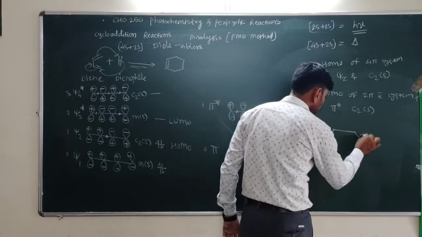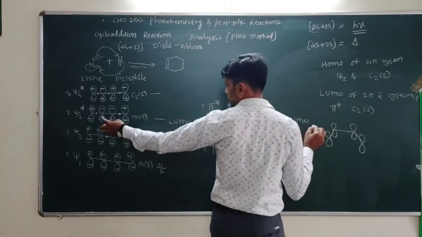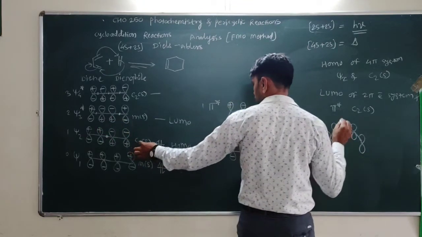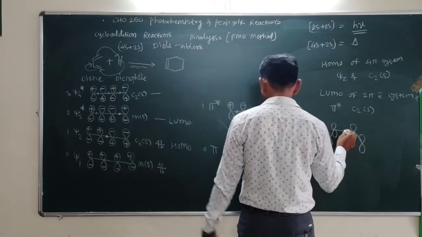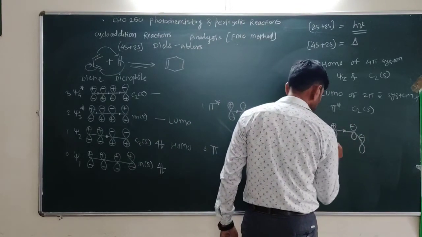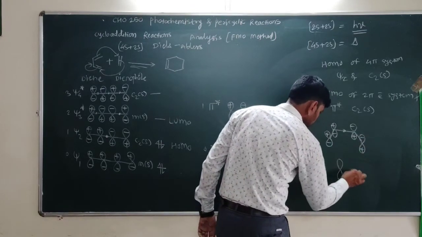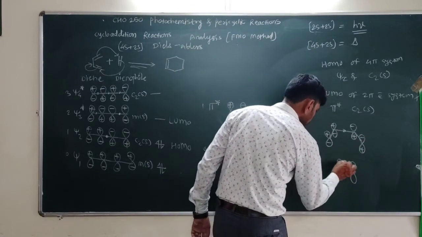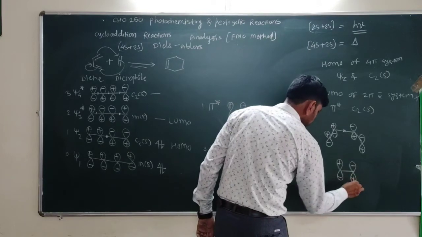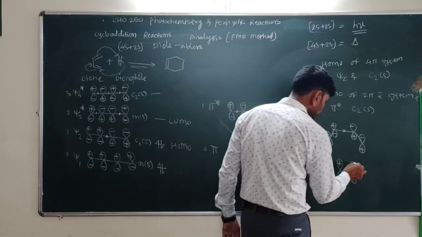So this is the HOMO of the first partner, having C2 symmetry. So plus, plus, minus, minus, and the other LUMO has C2 symmetry.